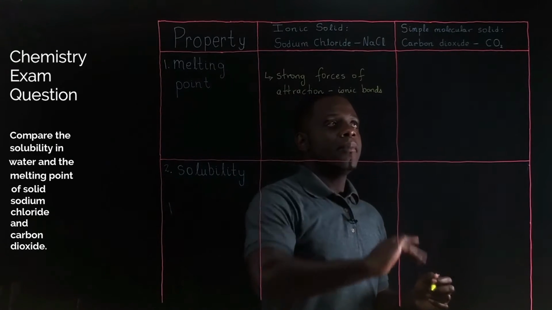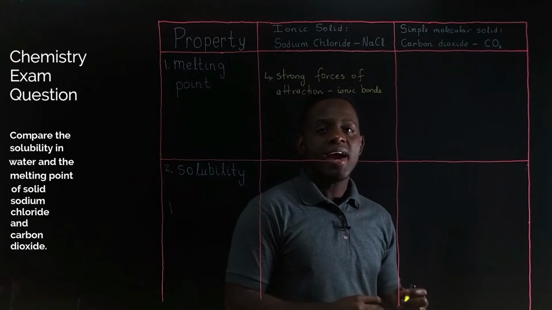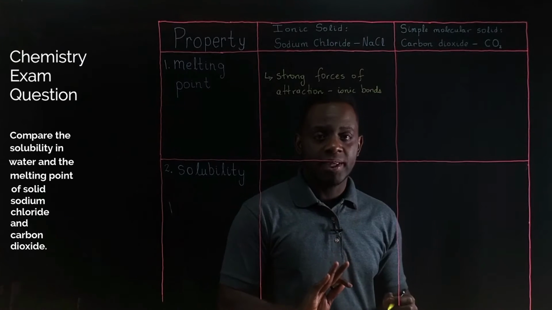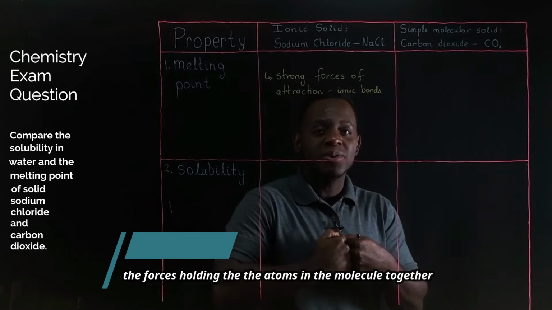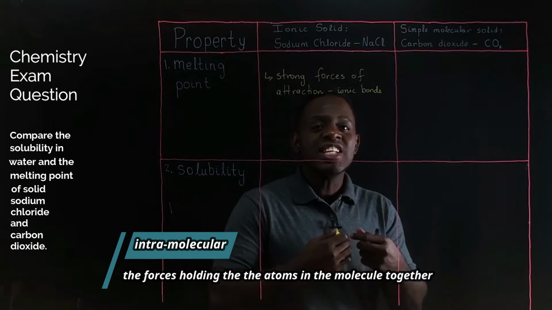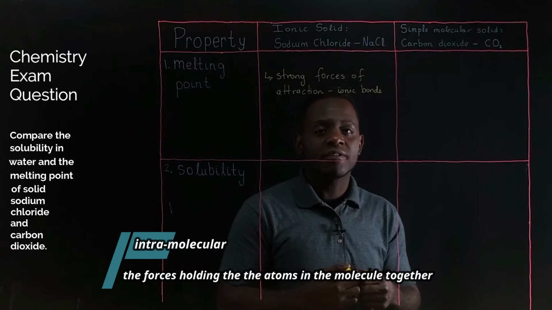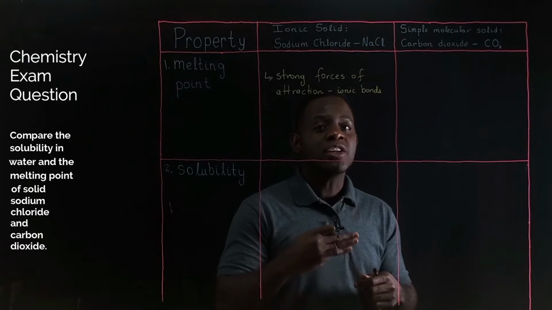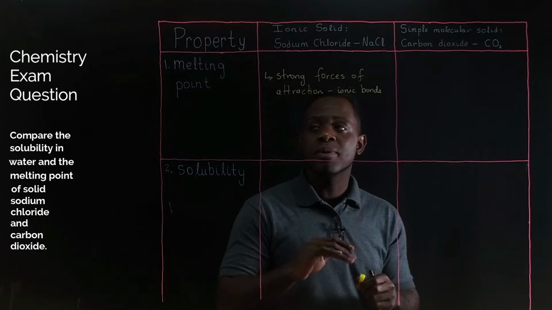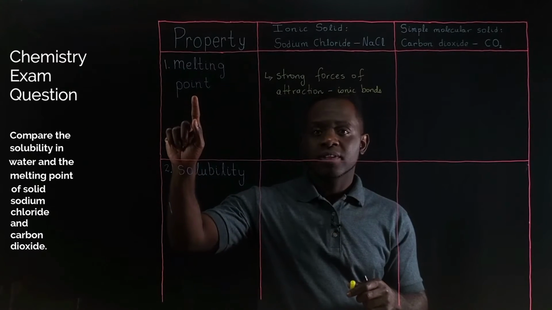In simple molecular solids, we have two forces at play. The forces holding the atoms in the molecule together, those are the intramolecular forces of attraction, which are the covalent bonds. Now, we are not concerned with those bonds for melting point.